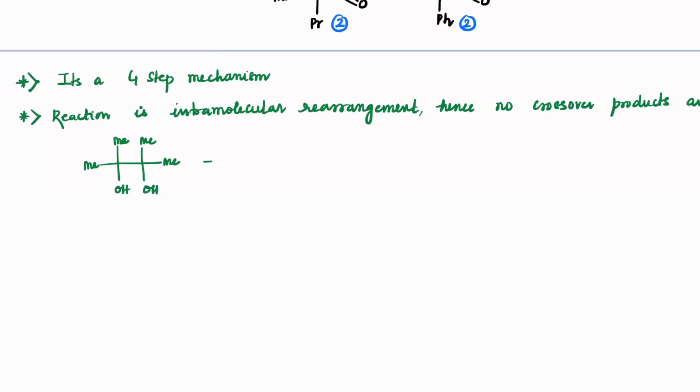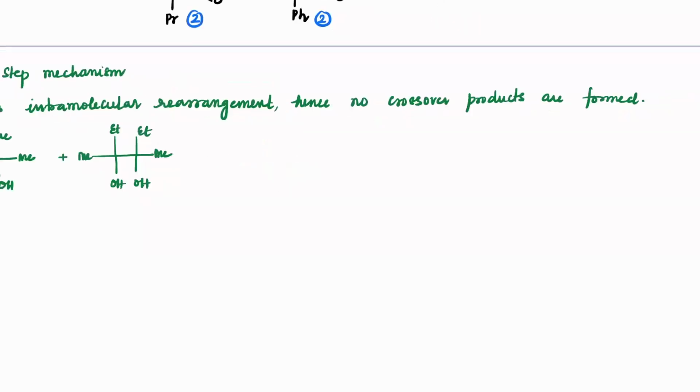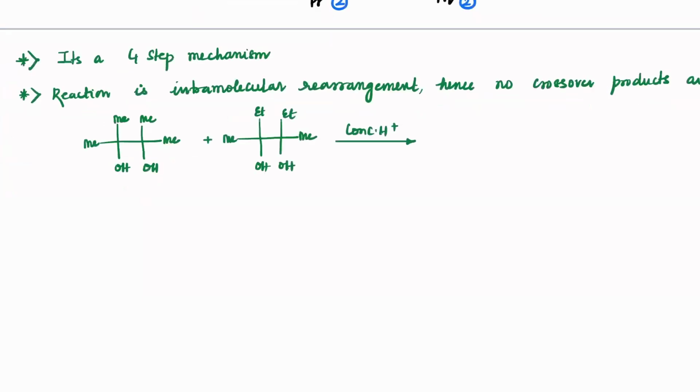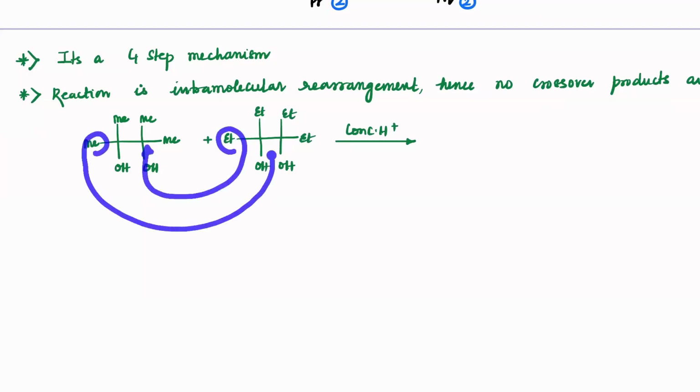This I mix with another one where we have ethyl, ethyl, methyl, methyl, OH and OH. So these are two different pinacols that when you react with concentrated H plus, you would not notice any kind of migration of this ethyl group to this side or this methyl group to this side. This type of crossover products are not observed.